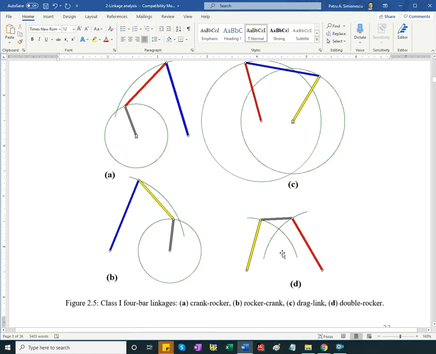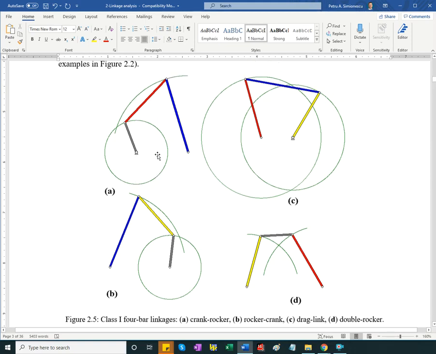And then this would be a mirror image. Or rather, no, it's not a mirror because the red link now is the base, but I have the shortest link to the right, and here too I can drive it full turn. However, the blue link, the one to the left, is the input.